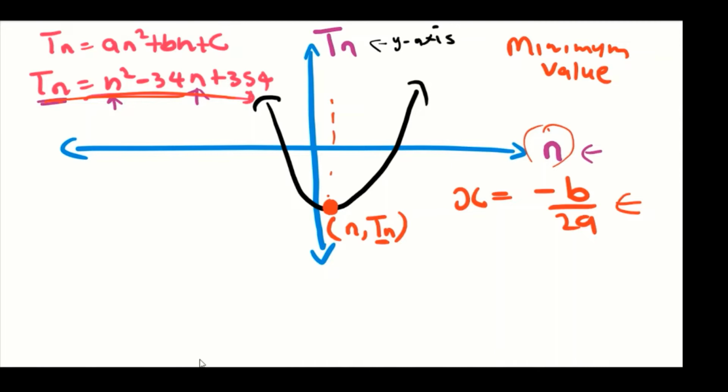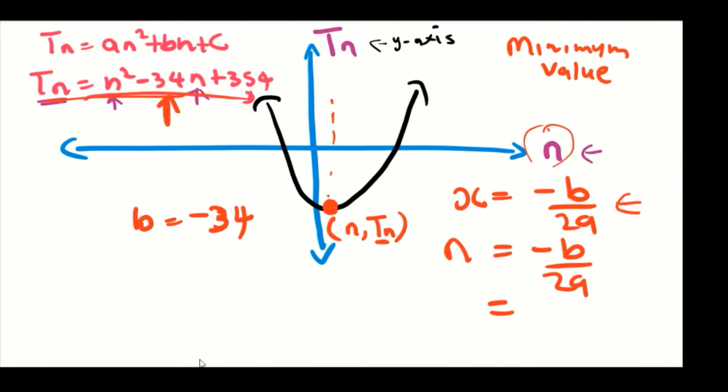So to find the term which gives us the minimum value, we're going to say n is equal to minus b over 2a, which is equal to, so our b is minus 34, which I took from the equation, and our a value is equal to 1.